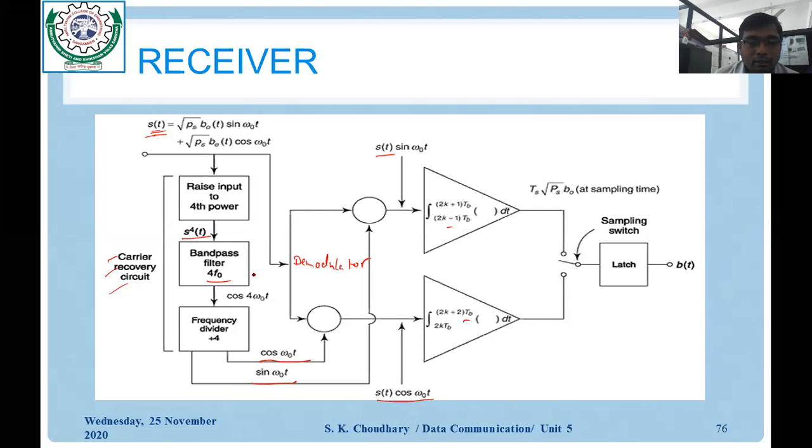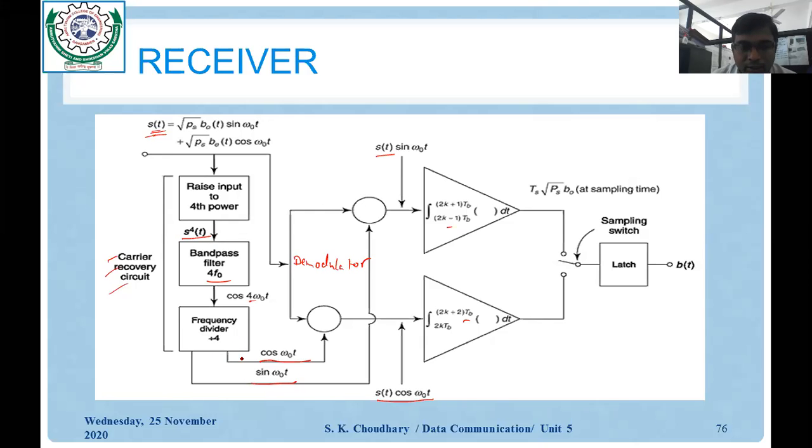The output of the band pass filter is then passed through the frequency divider circuit, where the frequency is divided by 4, because 4 is the multiplier in the frequency component. So we extract from this particular frequency component the actual or fundamental carrier frequency component. That's why it is divided by 4.